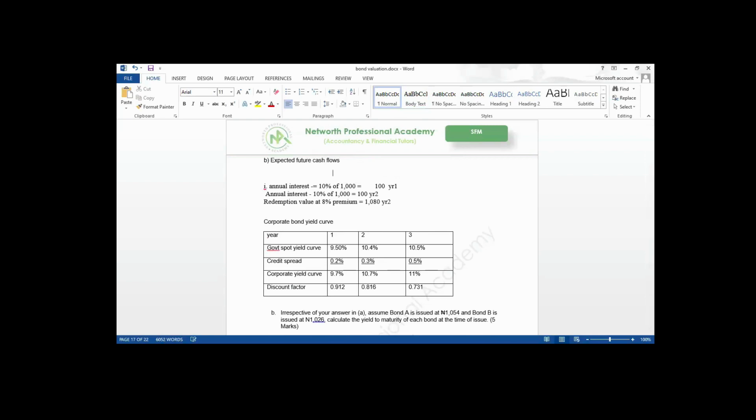This is year 1, year 2. The bond A is for 2 years. I've gotten my cash flow.